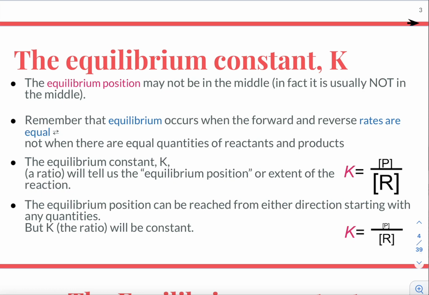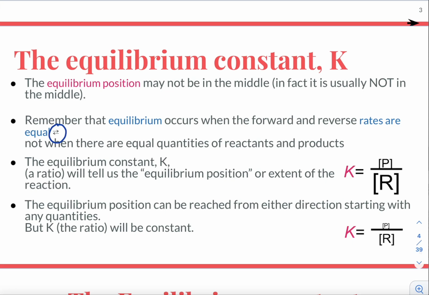Most of the time it's not in the middle. All we're looking for is when the forward and reverse rates are equal. You can see this little double-sided arrow. That's our equilibrium arrow, and I'll be using that throughout this video. So we're looking for when the rates are equal, not the concentrations.